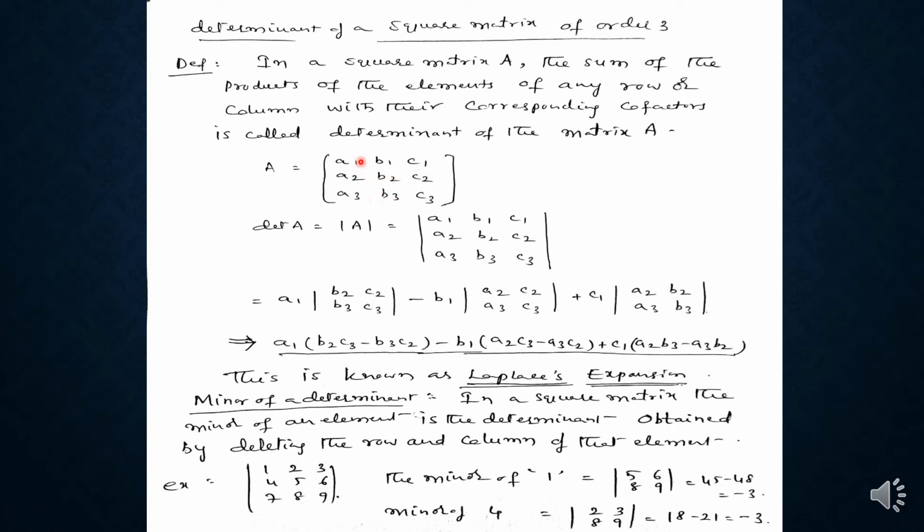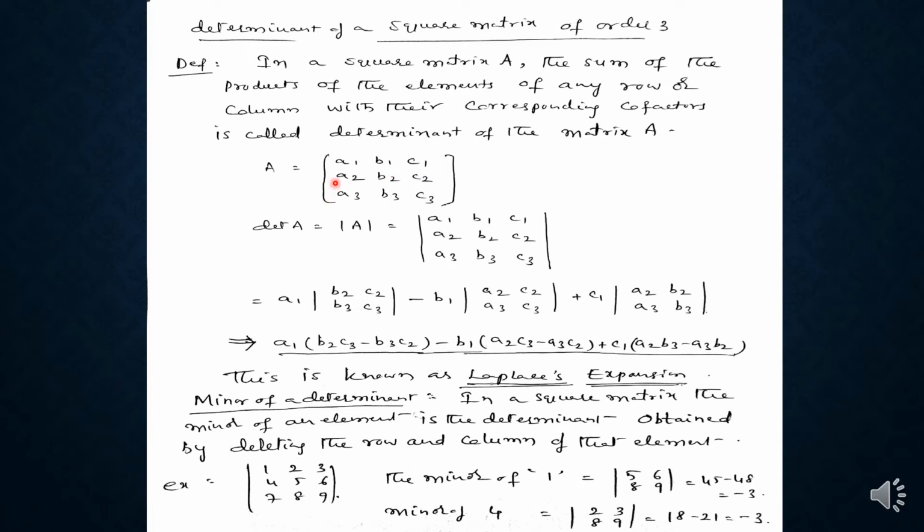So minus 1 whole square, that means plus, into B2 C3 minus B3 C2, that is the cofactor of A1. Similarly, the cofactor of B1, we will get minus of this one, A2 C3 minus A3 C2. And the cofactor of C1 is equal to plus into A2 B3 minus A3 B2.